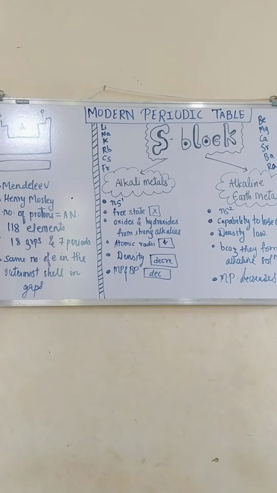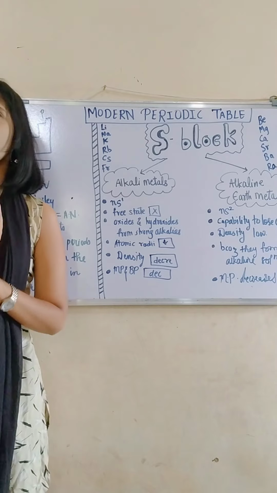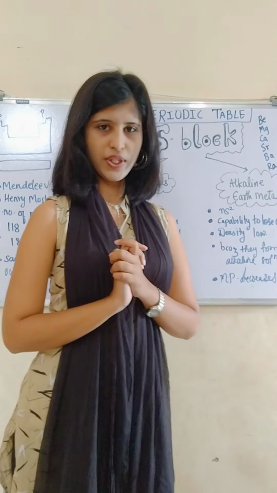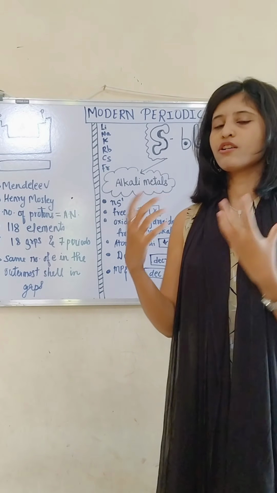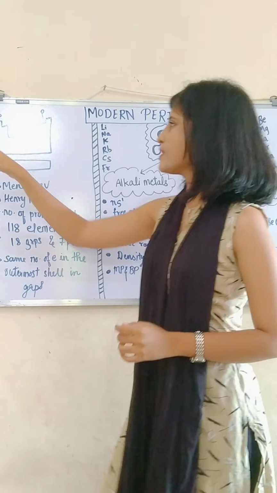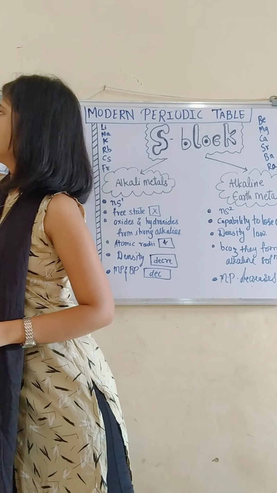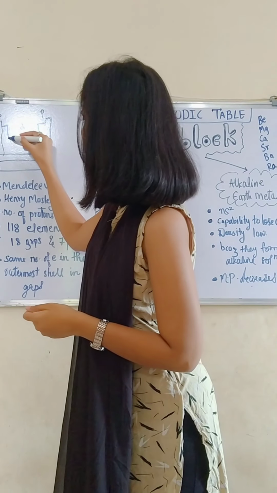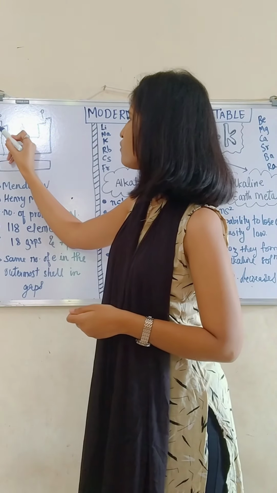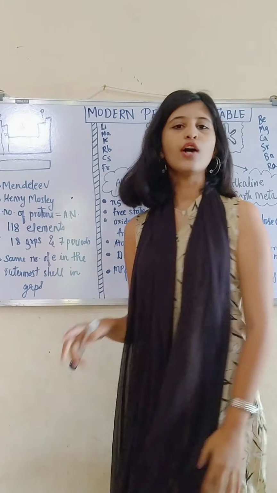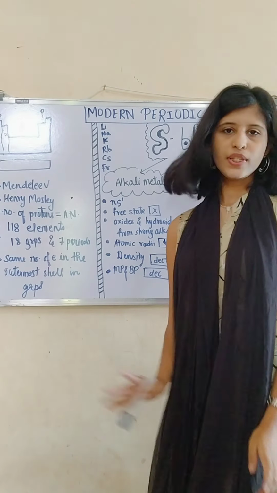The very first block in the modern periodic table is the S block. In the S block you have two groups involved.